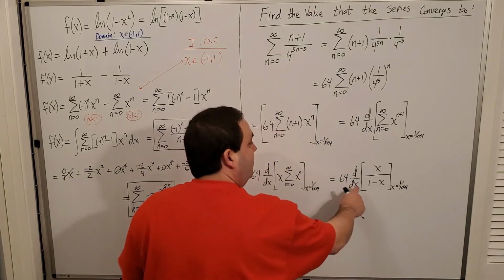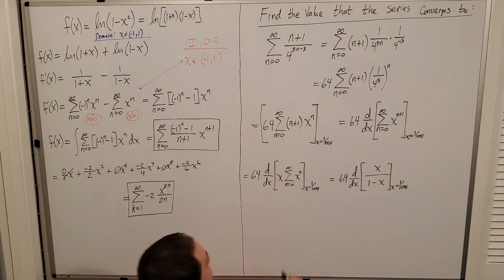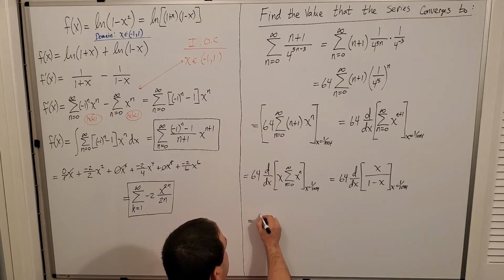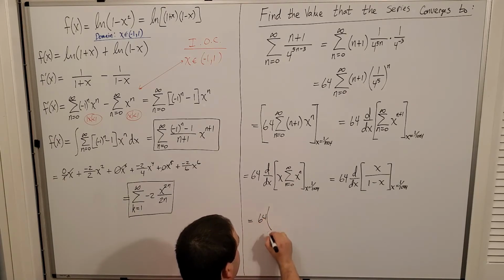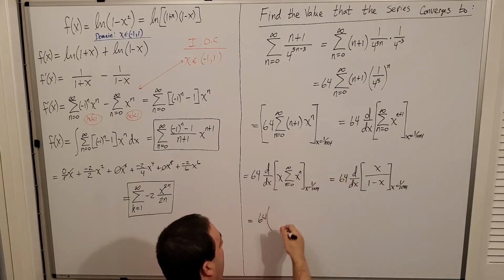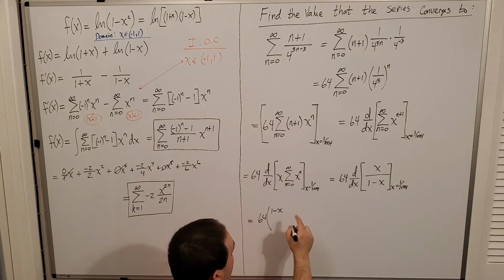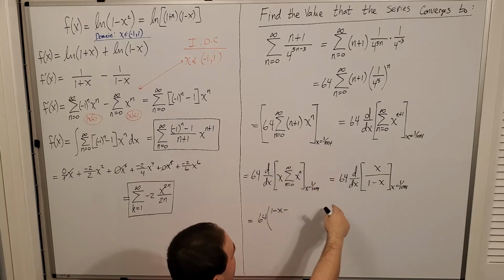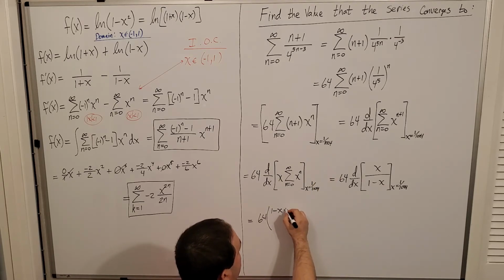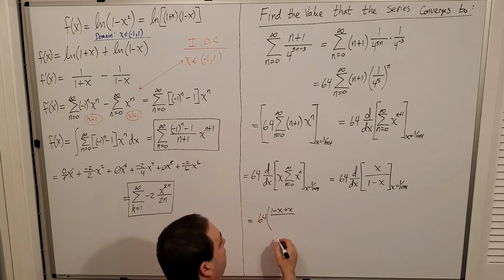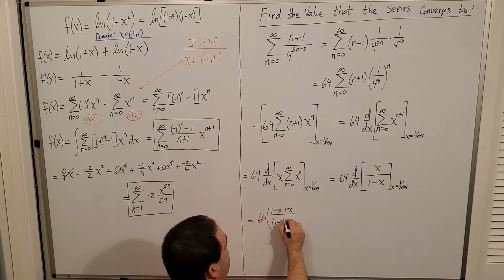This derivative is a quotient rule. So I'm going to have 64 times low d high, right? So that's 1 minus x times 1 minus high d low. So that ends up being plus x over the square of below, 1 minus x quantity squared.